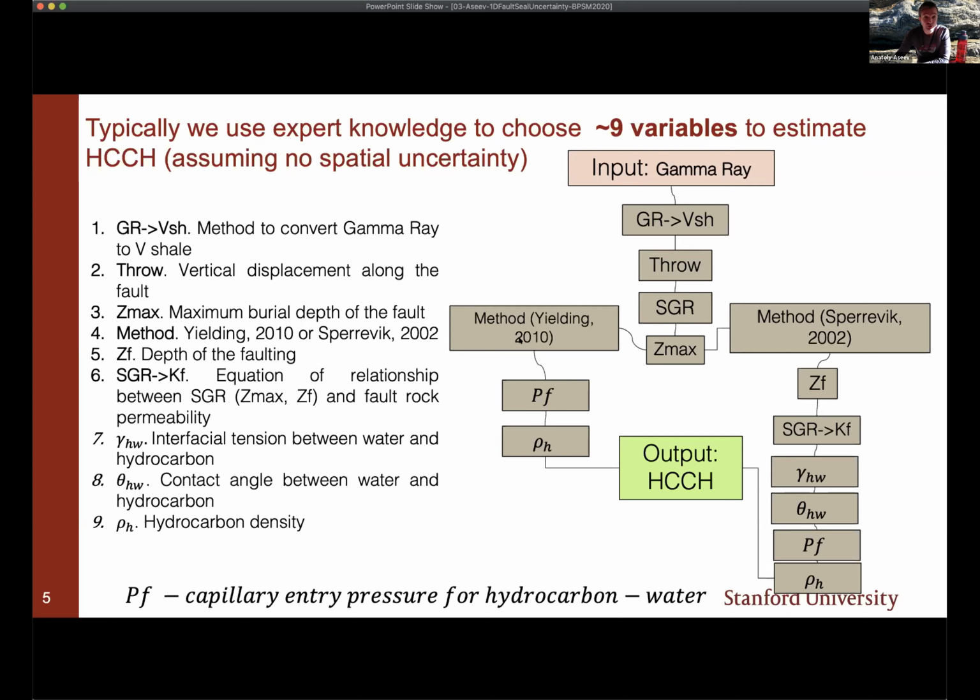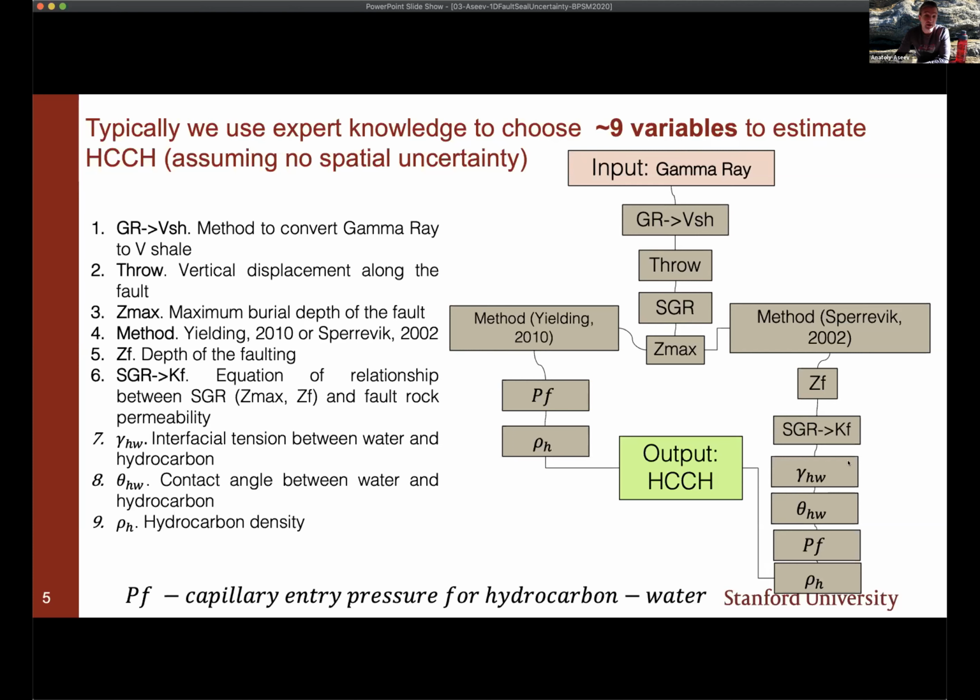Then it's up to us to choose which method of getting capillary entry pressure to use, Yielding or Sperrevik. If we're using Sperrevik, it's good to know the depth of the faulting, and the equation of the relationship between SGR, Zmax and Zf plus SGR, and fault rock permeability.